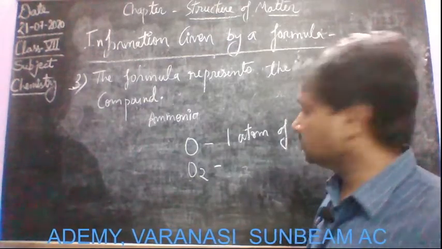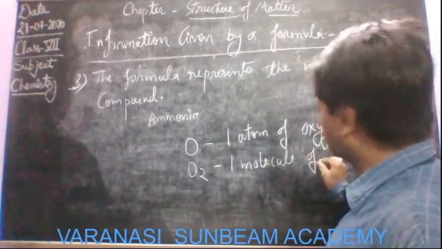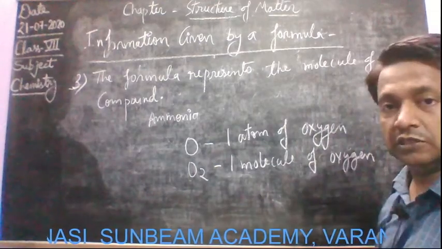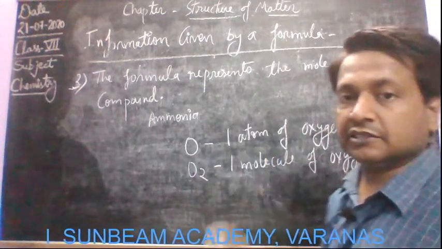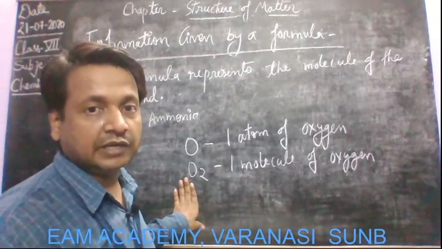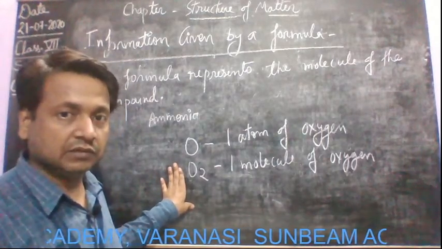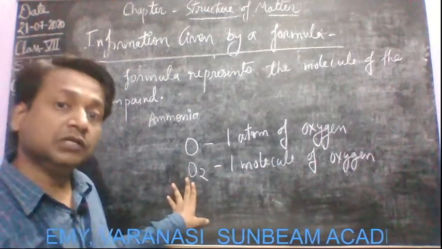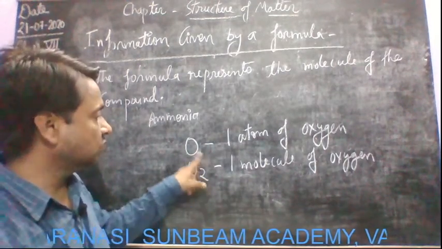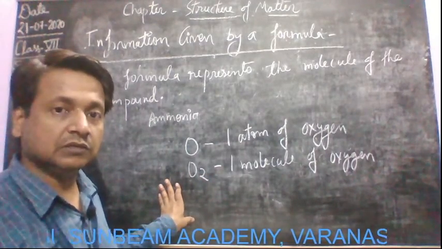O2 is one molecule of oxygen. So just see that there is a difference in these two, as oxygen is found in this state in nature. That is why it is always written as O2 everywhere, and that indicates one molecule of oxygen, not one atom of oxygen, because one molecule of oxygen contains two atoms of oxygen.